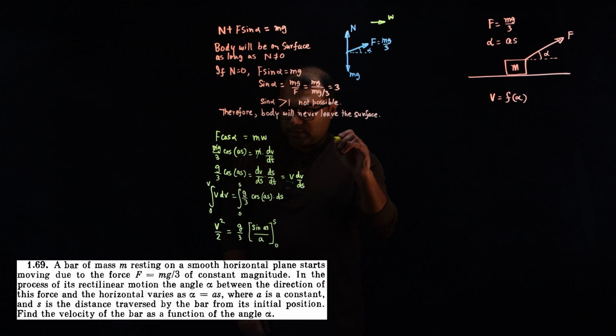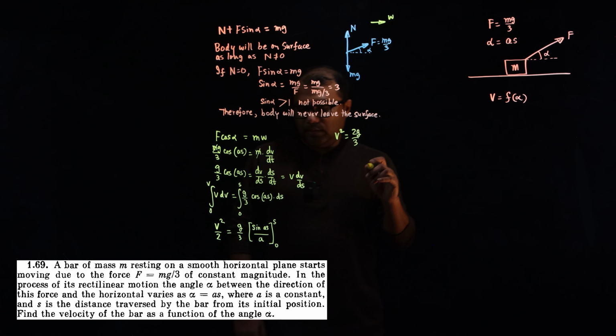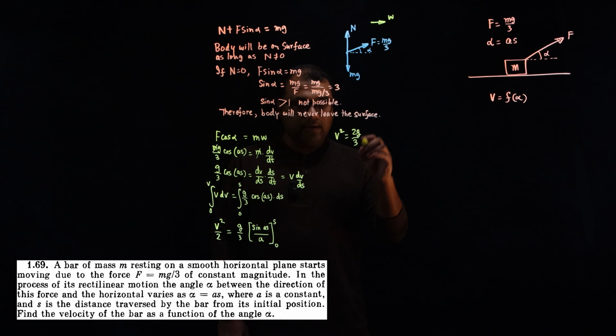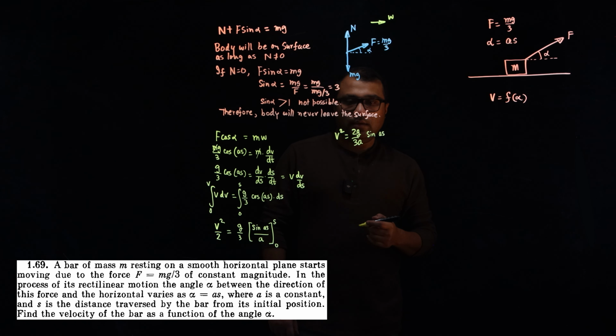So if I write it this side now, v square is equal to 2g by 3a sine as minus sine 0, which is 0.